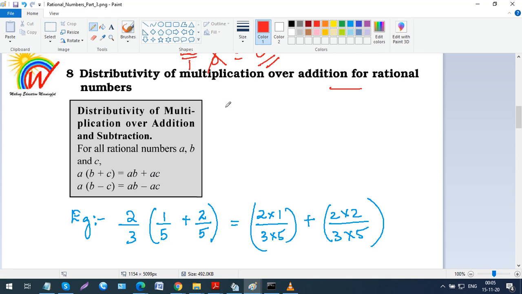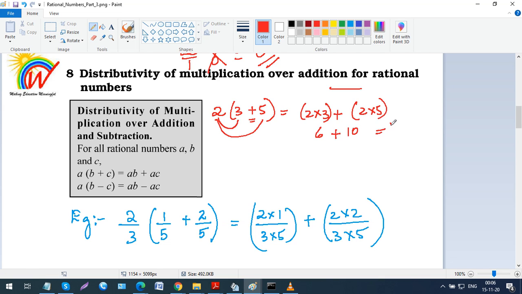For example, if you have 2 into 3 plus 5, I can write it as 2 into 3 first, plus 2 into 5, and then I get 6 plus 10, which is 16. That is how I solve this.